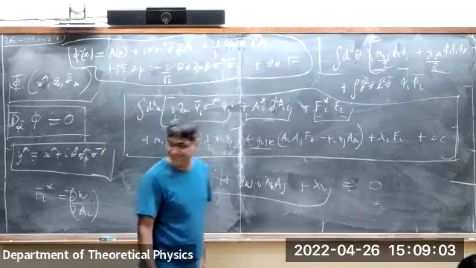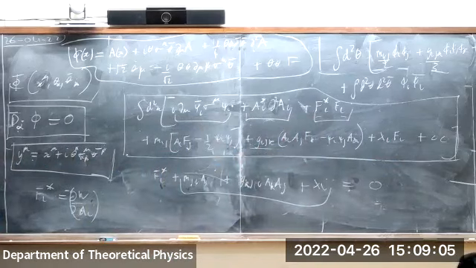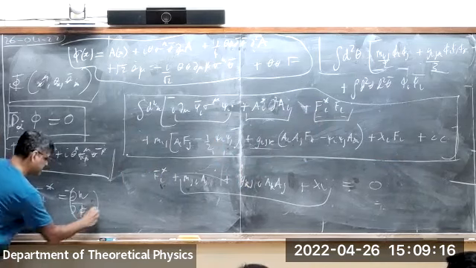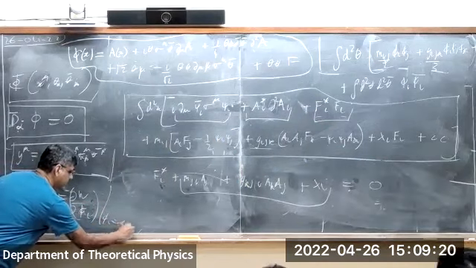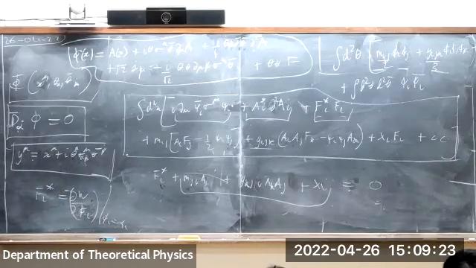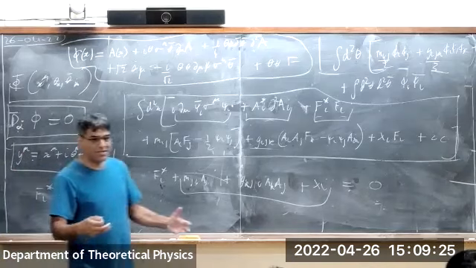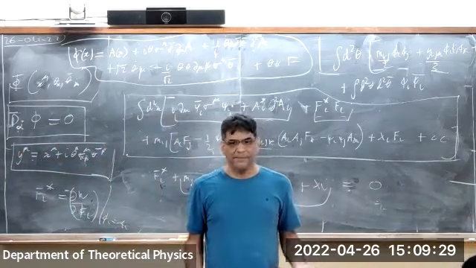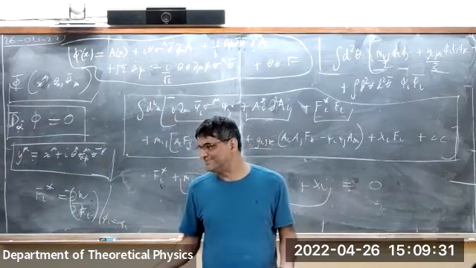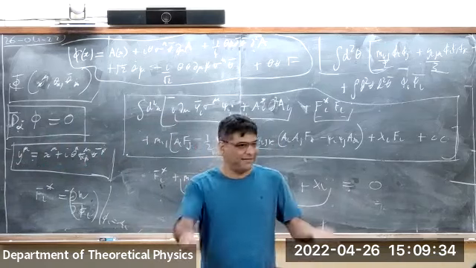Is it del W by del A I or del phi I? It's with respect to phi, but phi is then evaluated at A I. If you want, this is phi, but at phi I equals A. Now the superpotential is a function of the chiral field. You differentiate with respect to the chiral field, but then evaluate that at theta equals 0. At theta equals 0, the chiral field is A I.